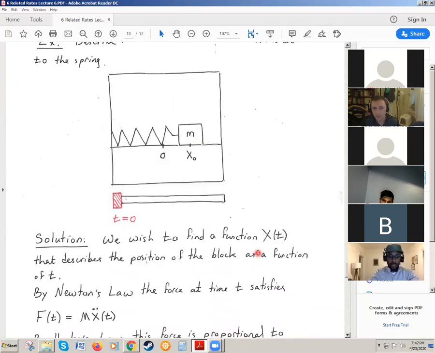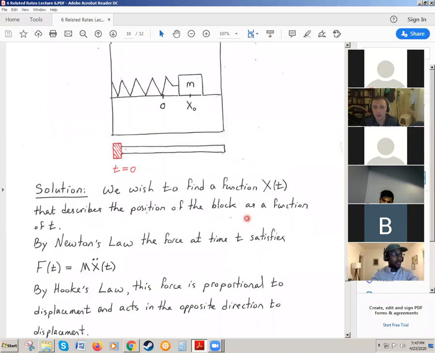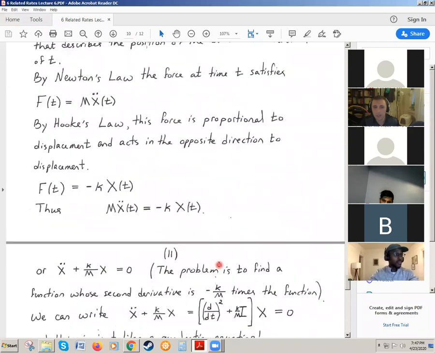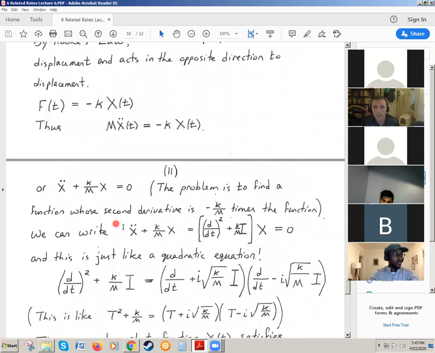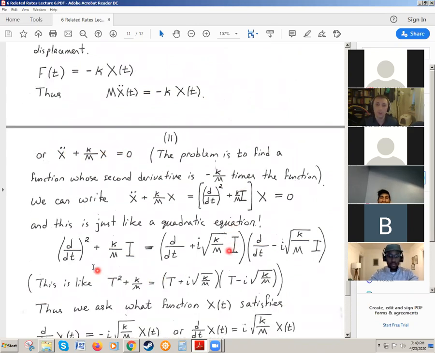We can go over that if you're interested, but for the ideas involved, you would set up an equation. The equation relates to figuring out what function has a second derivative plus k divided by m times the function equal to 0. And when you go through the calculations, what ideas do you go through? You go through ideas of factoring a quadratic.